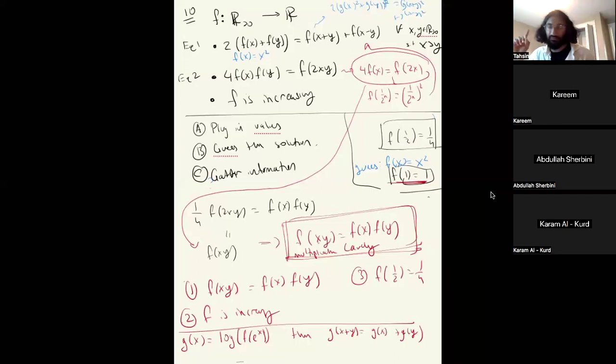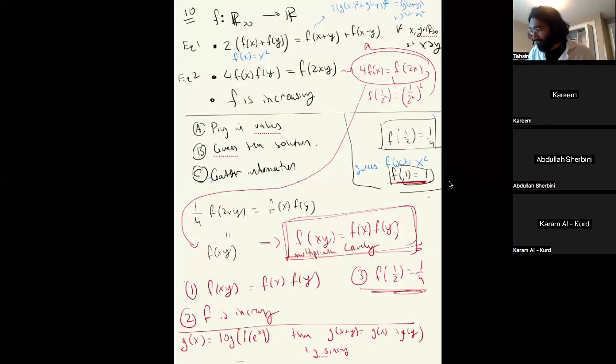Does this make sense? This was the first idea. Moreover, if this was true, g is also increasing, because e to the x and log are both increasing functions. So together these would give that g of x is linear, and then you can use this third condition to figure out what it really is.